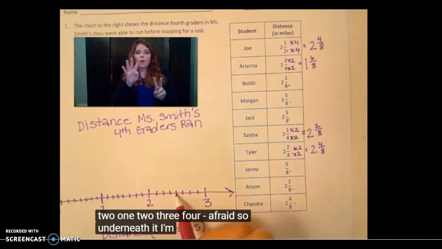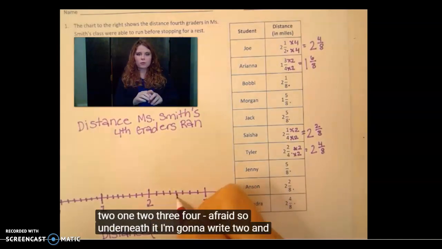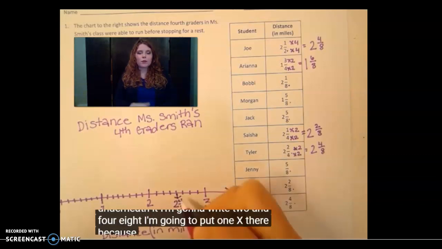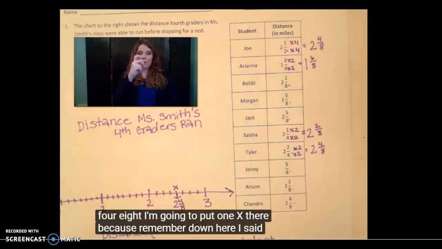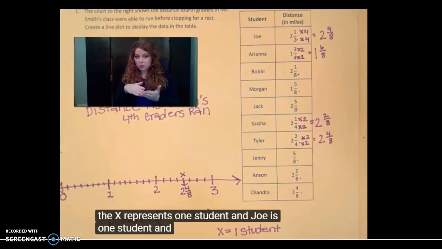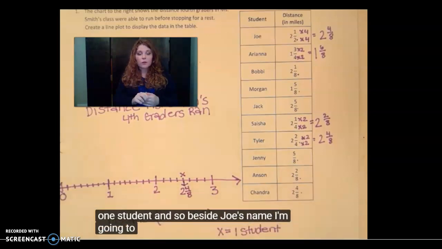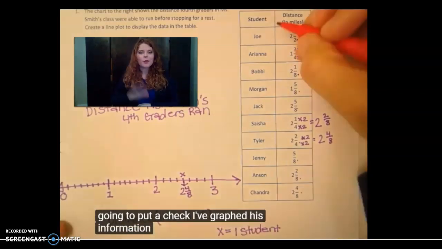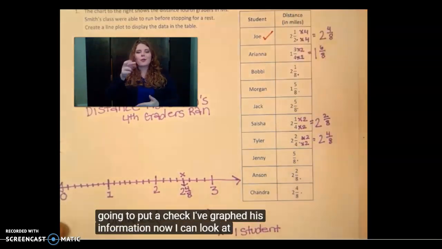So underneath it, I'm going to write 2 4/8. And I'm going to put 1 X there, because remember, down here I said that the X represents one student, and Joe is one student. And so beside Joe's name, I'm going to put a check. I've graphed his information.